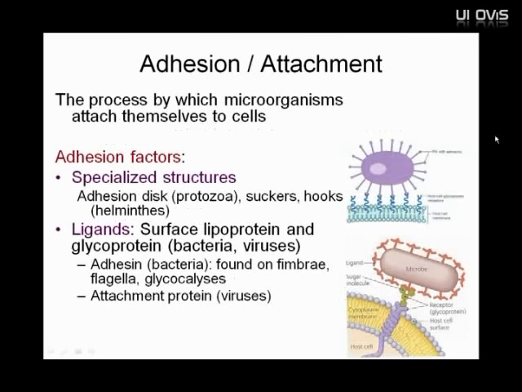When the microbes successfully colonize the surface of the body, they will attach themselves to cells. In this process, they need adhesion factors. There are some adhesion factors we know. First is the specialized structures, which belong to protozoa.